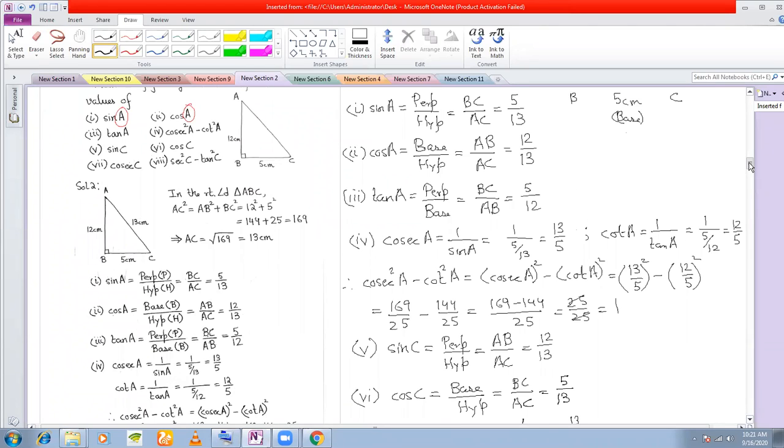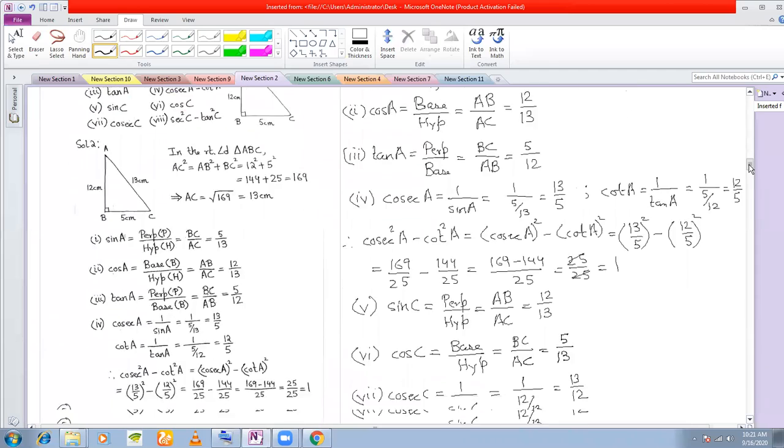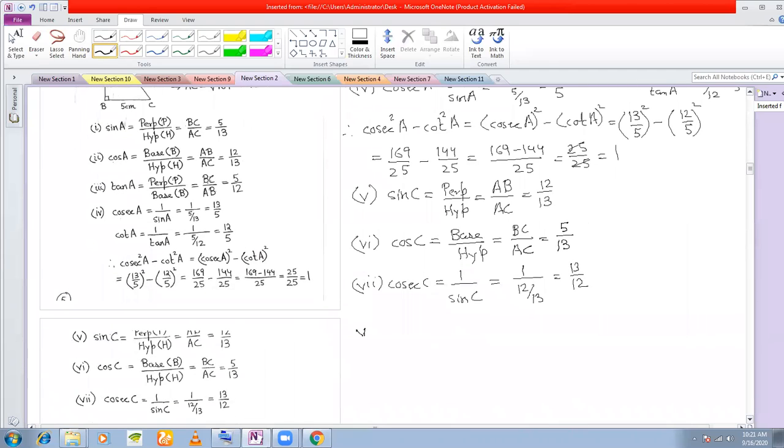And finally you have sec square C minus tan square C. So in order to calculate sec square C minus tan square C, I will first calculate sec C, which is the reciprocal of cos C. And cos C here is 5 by 13. So this is 13 by 5.